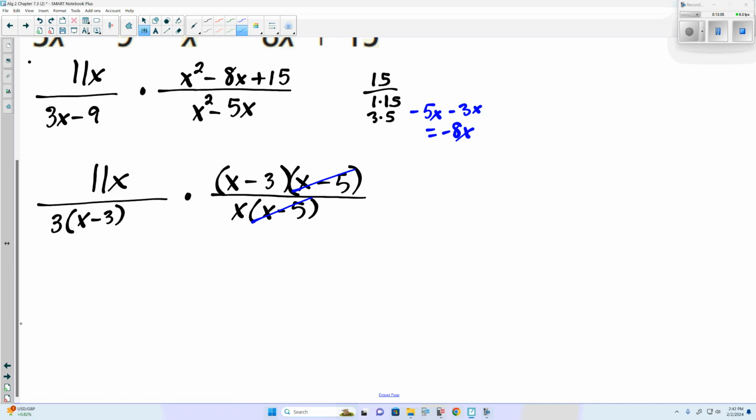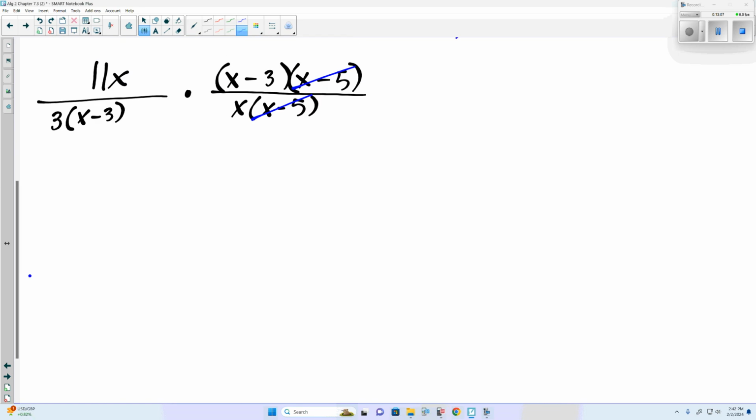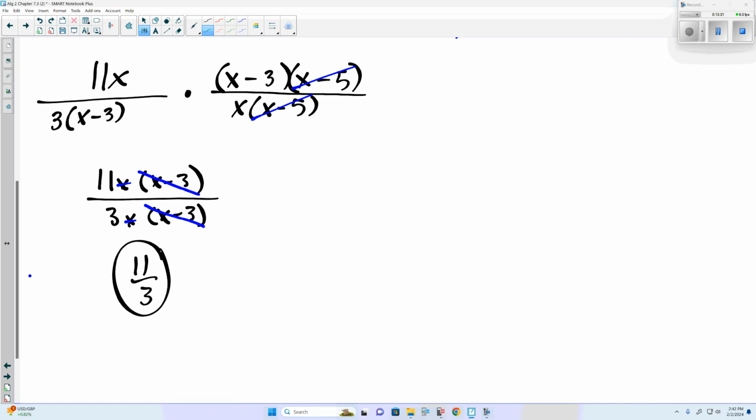Because when we multiply these together, we're really saying that we just have 11x times x minus 3 over our 3 times x is 3x times x minus 3. So indeed, the x minus 3 and x minus 3 will cancel out. Anything else? The x's, leaving us with 11 over 3.